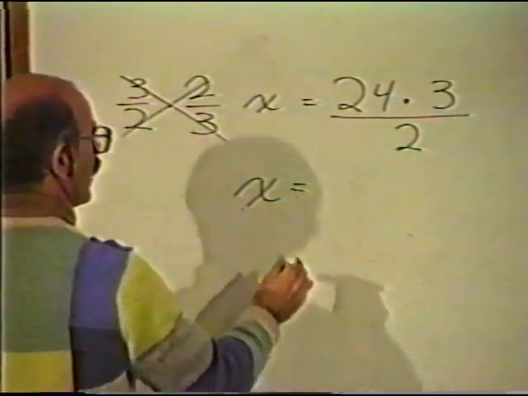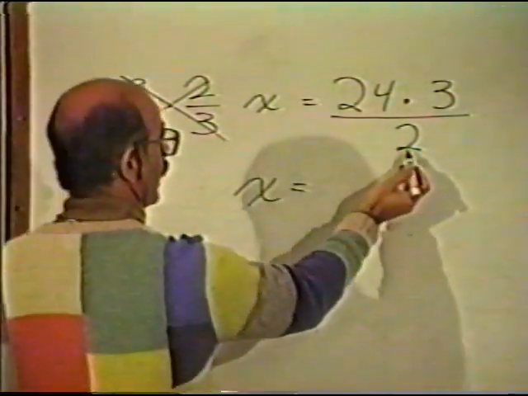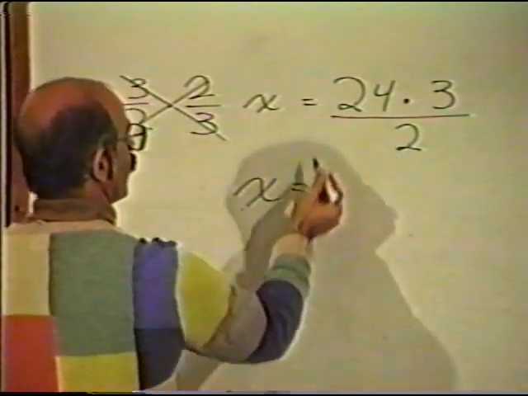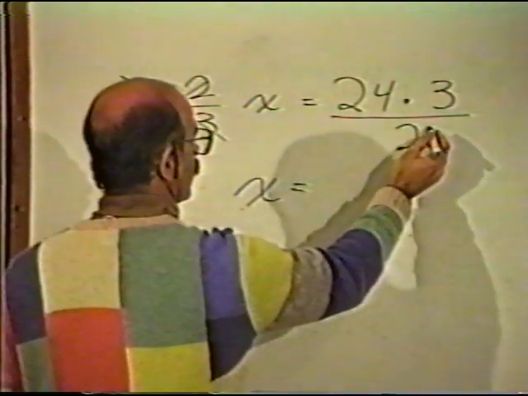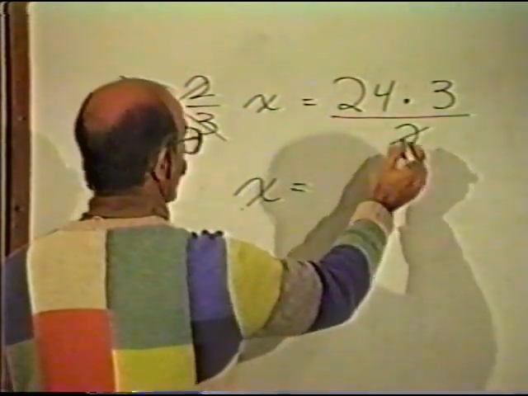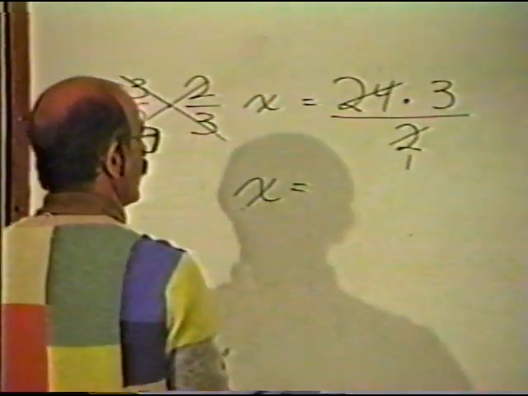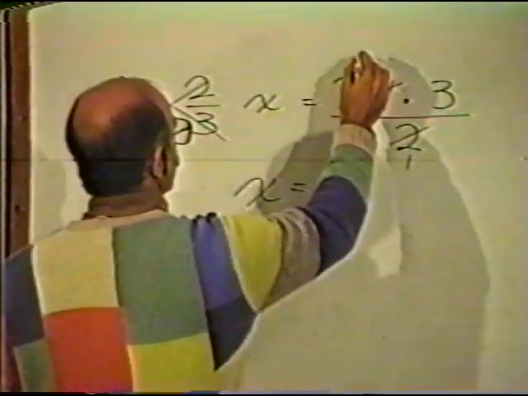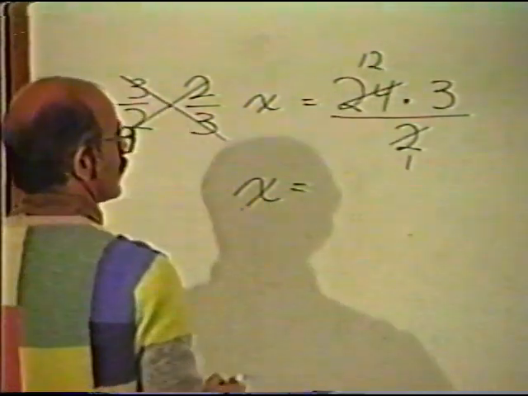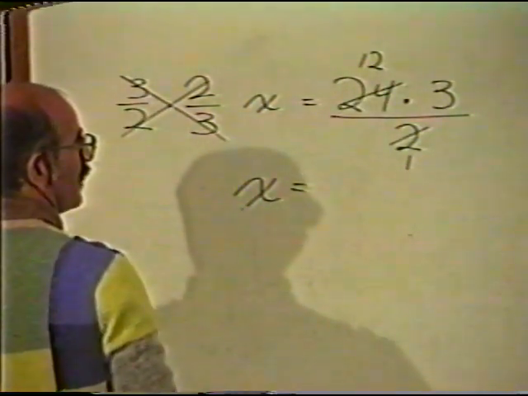And on this side, we see that we can cancel the 2 and the 24. 2 into 2 is? 1. And 2 into 24 is? 12. And 12 times 3. Can you do that in your head?